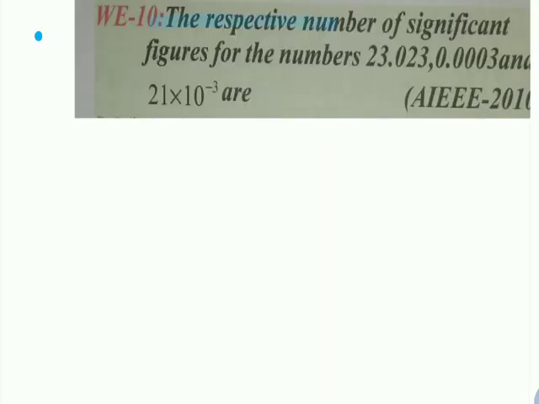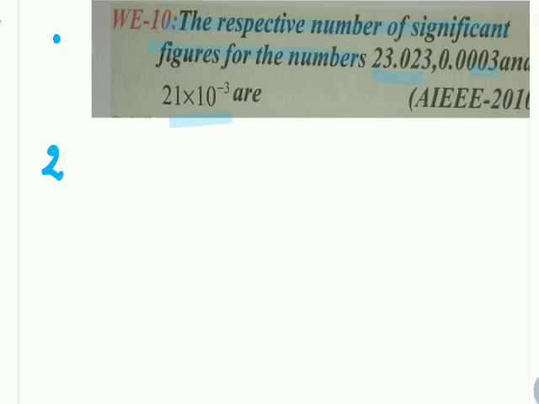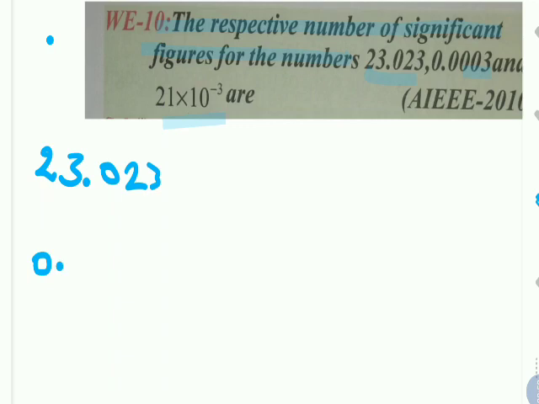The respective numbers of significant figures for the numbers is given. So 23.023, and 0.0003, and the fourth one, 21 into 10 to the power of minus 3.